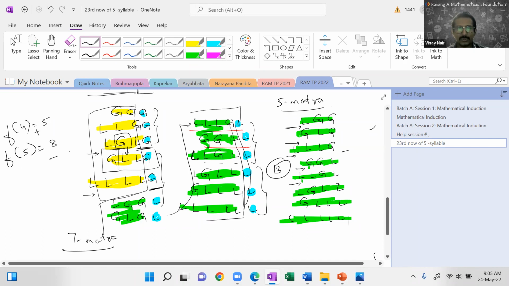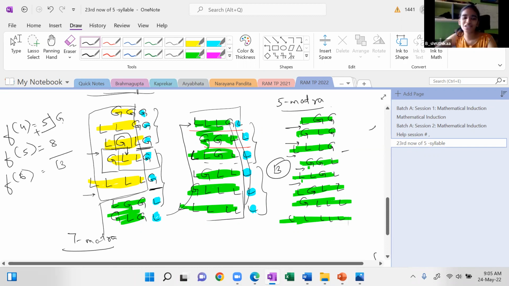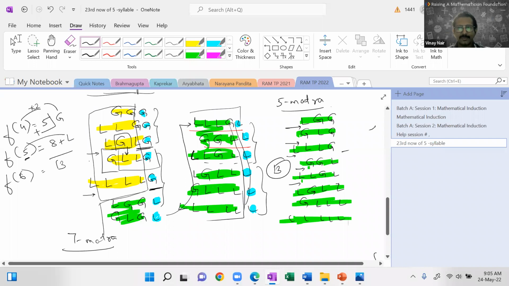You add these two, you get 13, which is f of 6. So what you do is you list this down. You place a G after that because 4 plus 2 is 6 and G is 2. 5 plus 1 is 6, so you place an L, and then you do this.